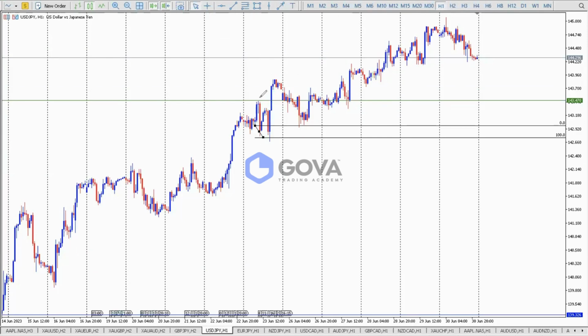Towards the ending of last week, you can see this is the formation, drop-based rally. All right, so I've seen the formation of a drop-based rally, which happened towards the ending of last week.